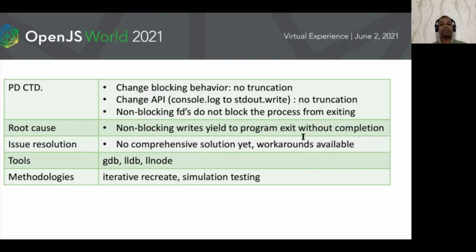But why wouldn't the process exit wait for the data write to complete? That's where the crux of the problem is. The console.log API, which was used to write the huge chunk of data, is asynchronous by nature in Node.js. This means if you present a large amount of data to it, only a chunk, that is a volume which is bare minimum, which the pipe can hold, is written in the first place, and then the rest of the data is scheduled for further writing when the pipe is drained completely and is ready to write again.